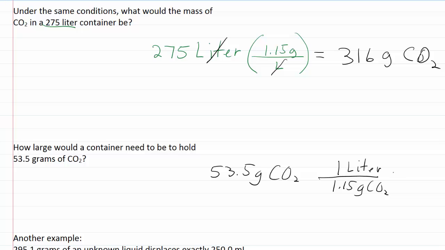So that's my volume. That's how large my container is going to be. And my answer now is a 46.5 liter container. So a couple of examples of using density as a conversion factor.